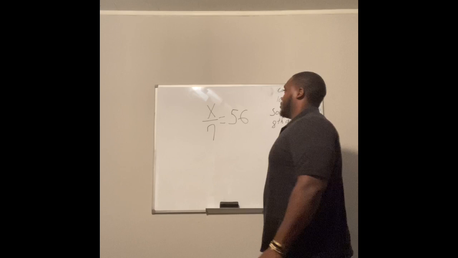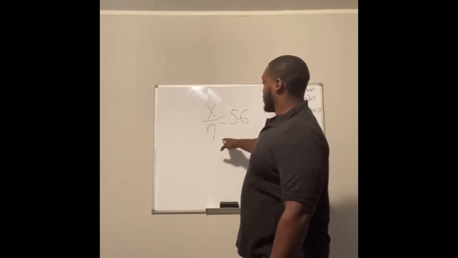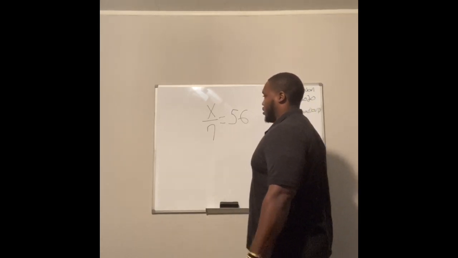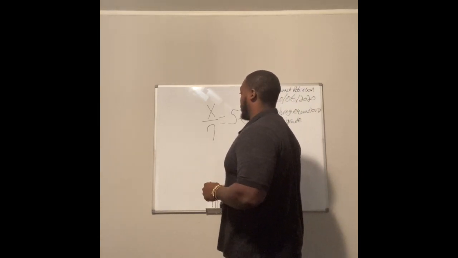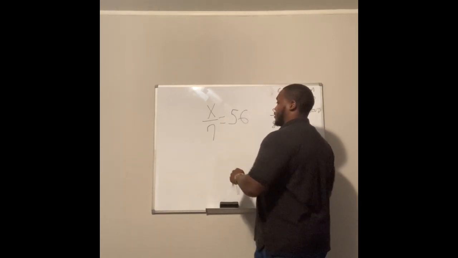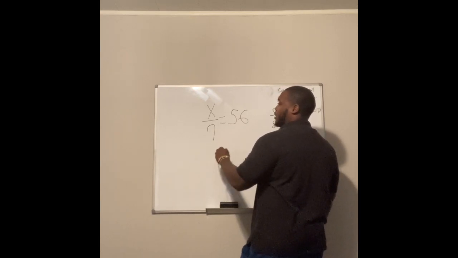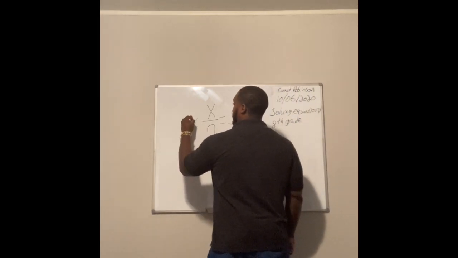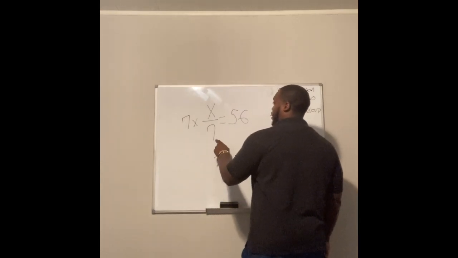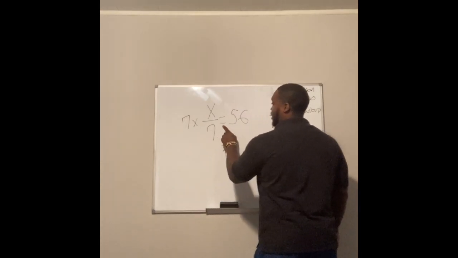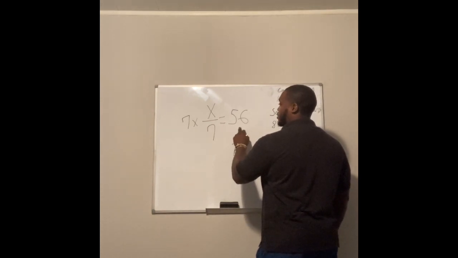Another example, we have x over 7 equaling 56. We have to solve for the variable x. In order for us to isolate the variable x, we have to times it by the denominator, which is 7. Whatever we times by 7 on one side of the equal sign, we have to do to the other side as well.